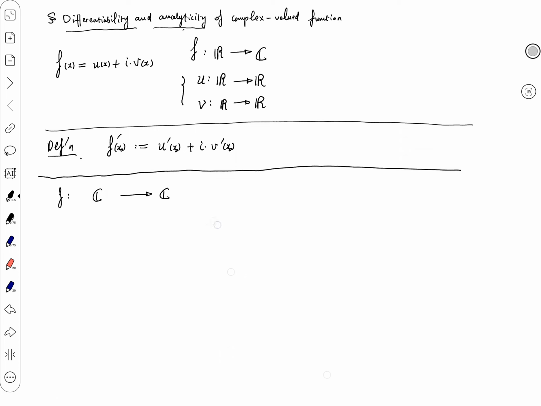So this u and v, taking complex numbers and real values.